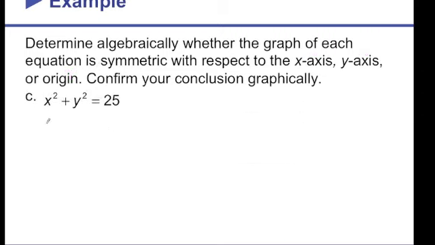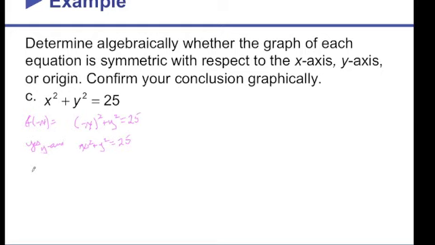Now this is an interesting one with respect to the x-axis, the y-axis, and the origin. I'm going to check f of negative x. So negative x, the quantity squared, plus y squared equals 25. So that would be an x squared plus a y squared equals 25. So that is a yes for the y-axis.